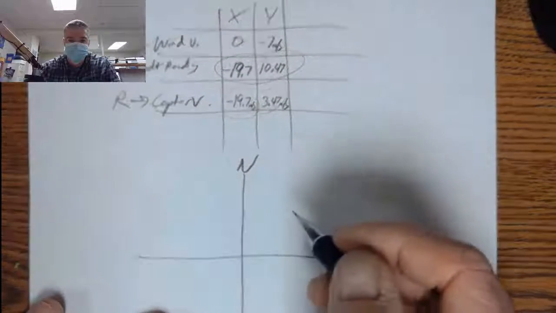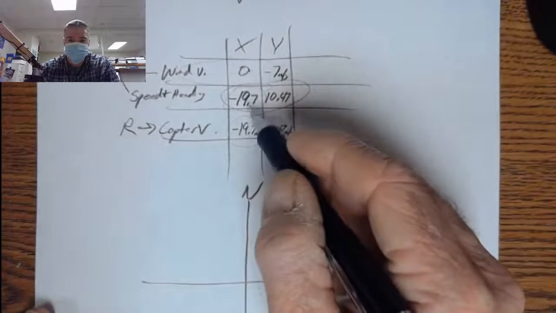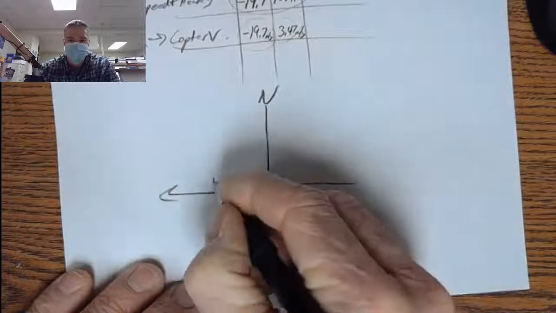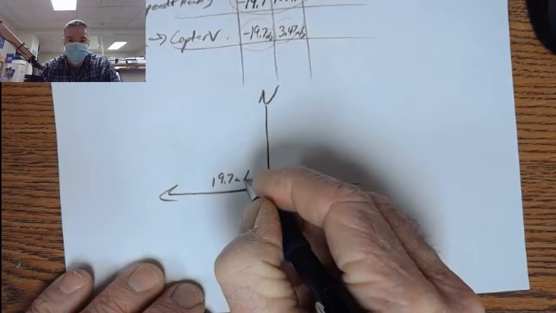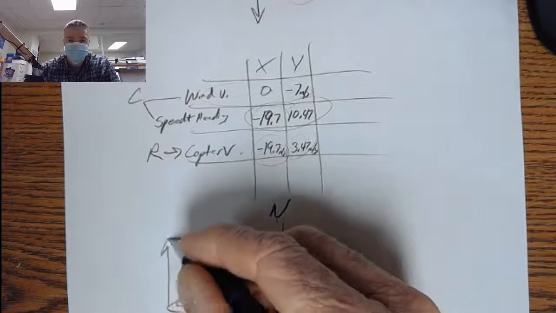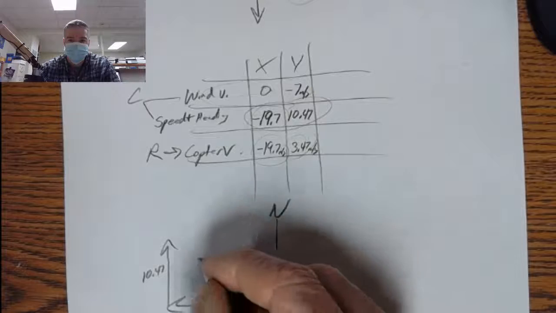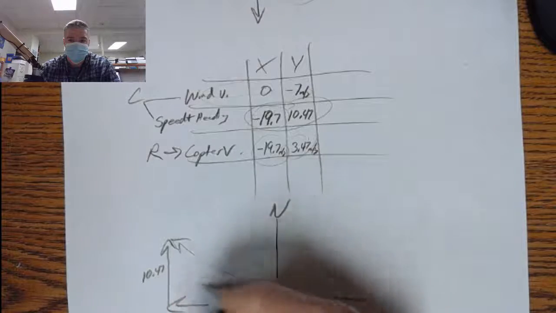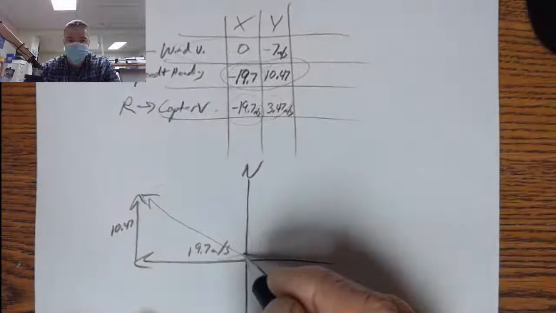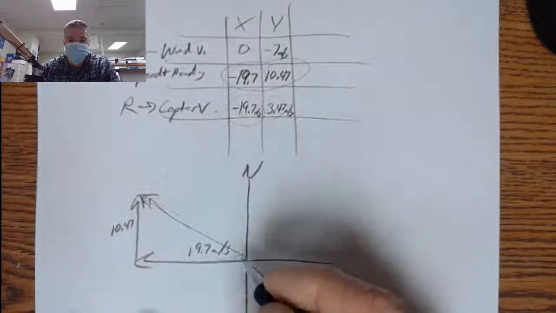There's north. So x is negative 19.7. I'll go 19.7 this way. Y is 10.47. So 10.47 that way. And this is the resultant, the actual vector representing the direction that the quadcopter is trying to go, that's its heading, and how fast it's actually moving through the air.